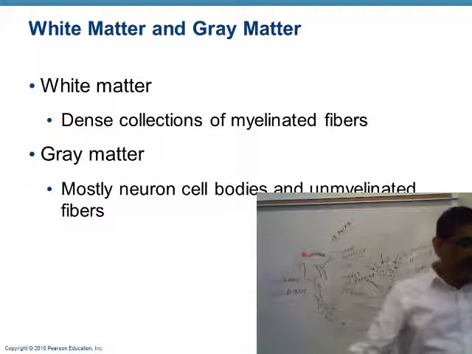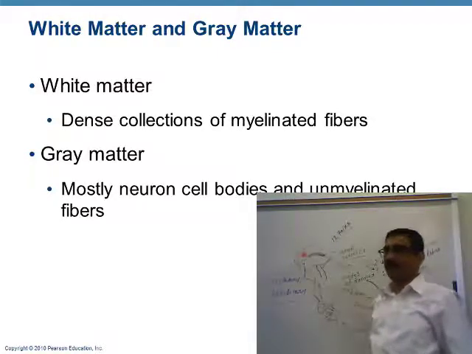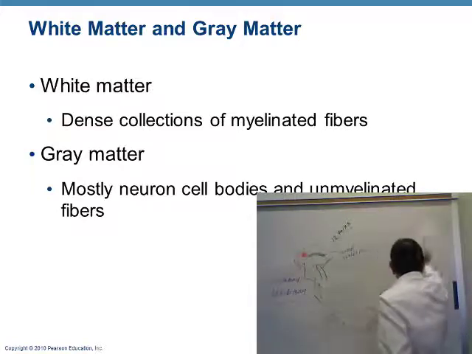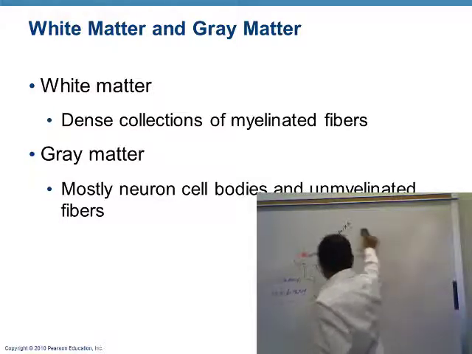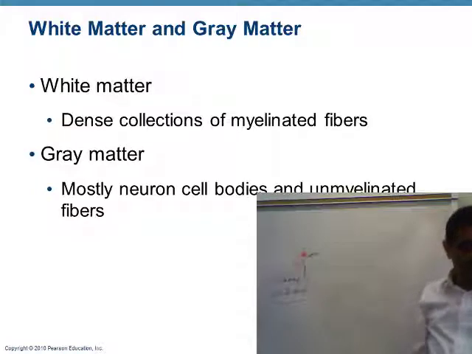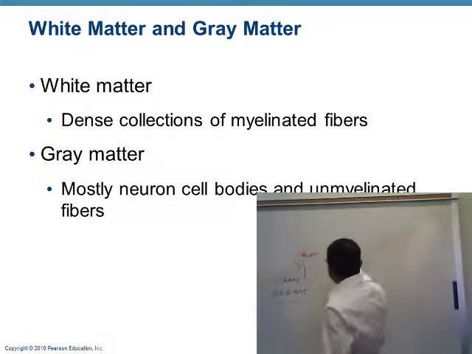Inside the central nervous system, we see some structures. We see the white matter, gray matter, tracts, nuclei. So just know what those things are.